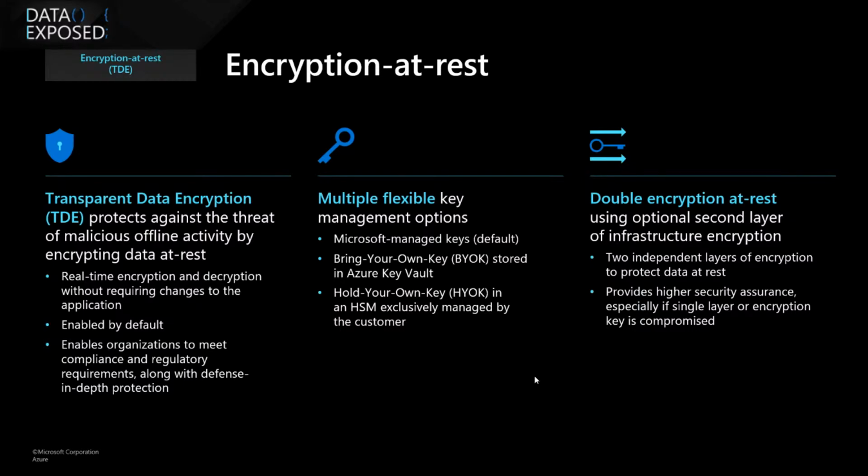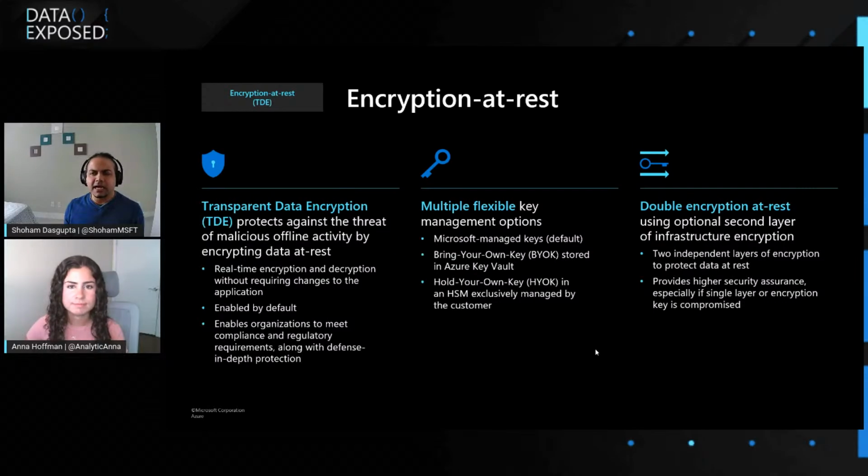And along with other security features that Azure SQL offers, encryption at rest enables a defense in depth protection strategy. So you think of encryption at rest as adding to the other security layers that Azure SQL already provides. You can never say that encryption at rest is a foolproof or one-shot method to secure your data.